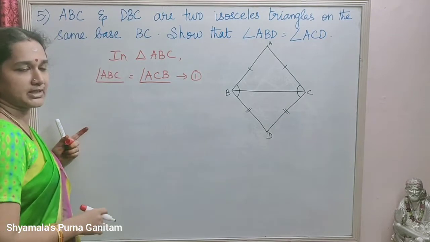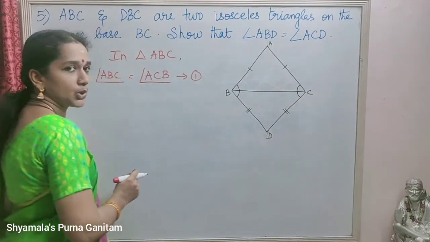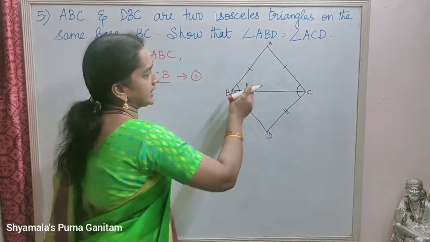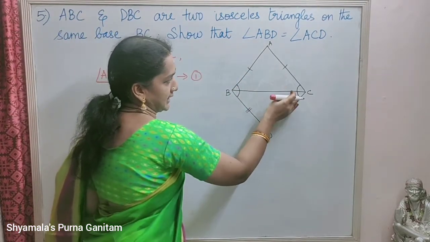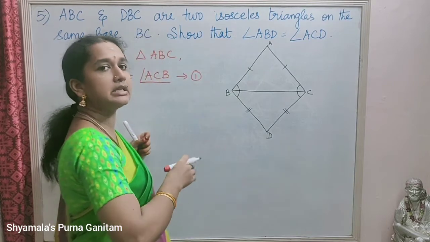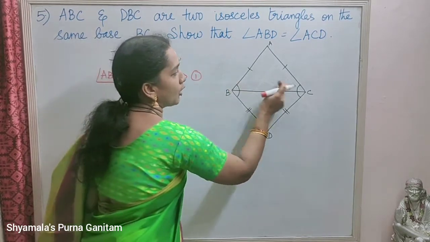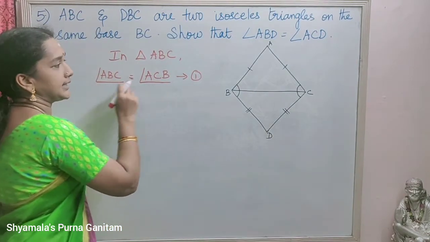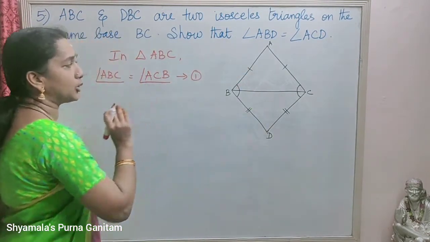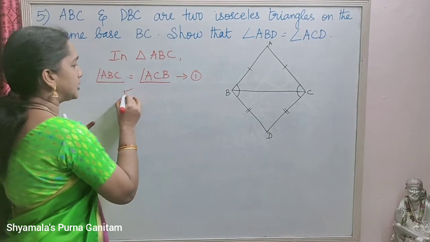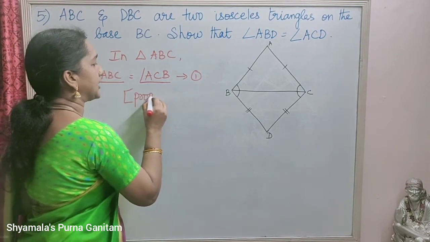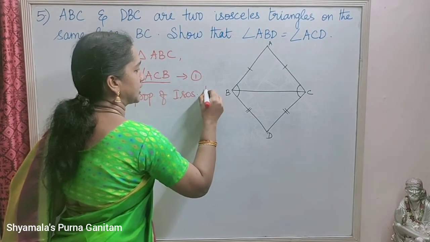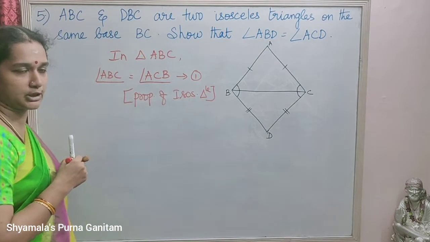We will take this as the first equation. This is by the property of isosceles triangle. This is the first proof.